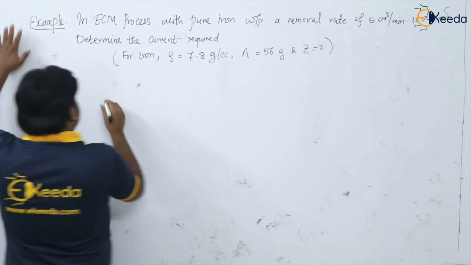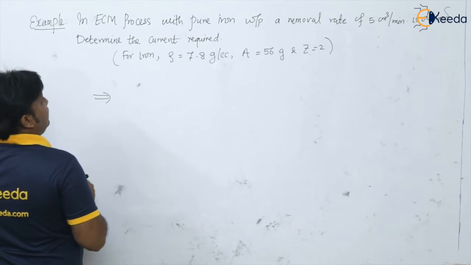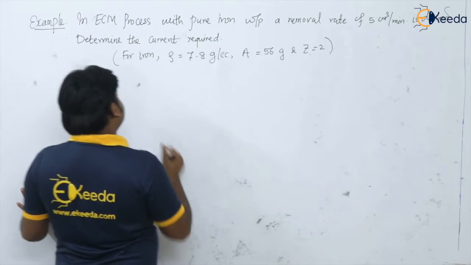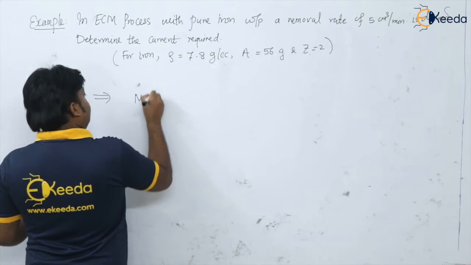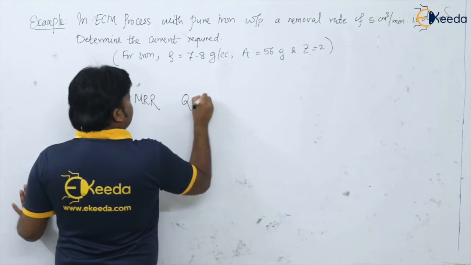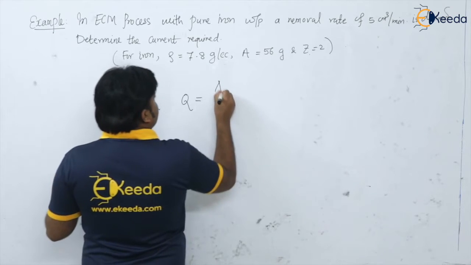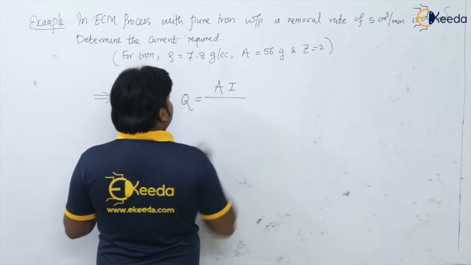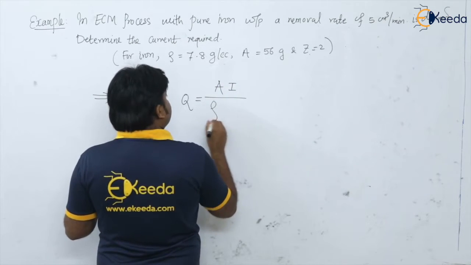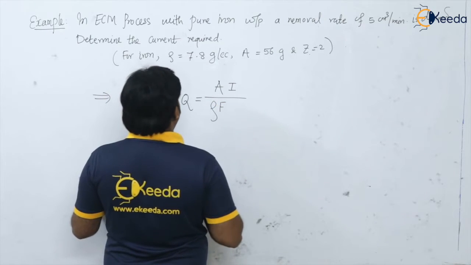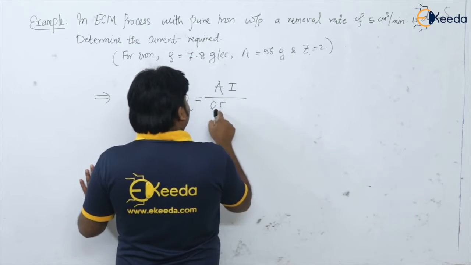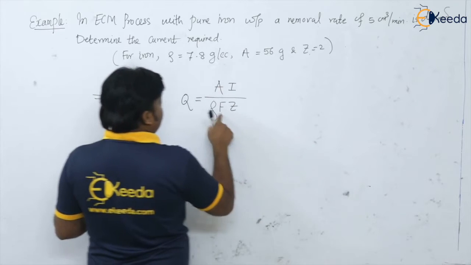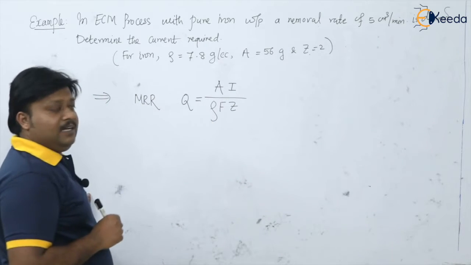So we know that the material removal rate, that is MRR, which is Q in ECM, is given as gram atomic weight into current divided by density of the anode, that is workpiece material, into F into Z. F is Faraday's constant and Z is the valency.